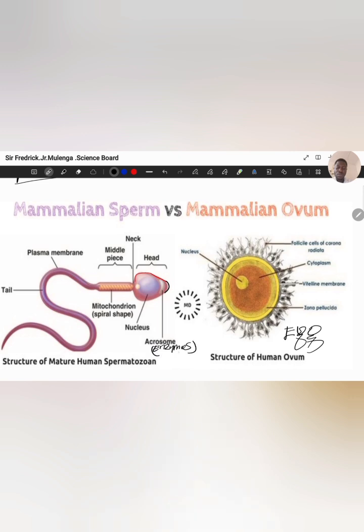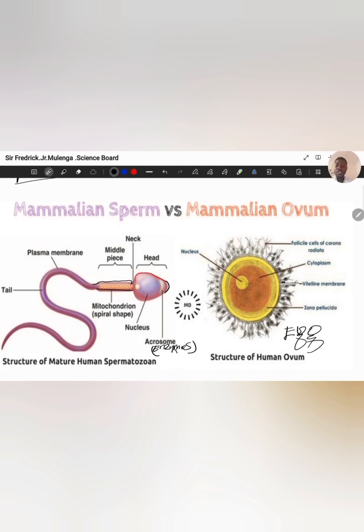As we go on, we're going to look at what this enzyme does. Again, it has the middle part, which you are seeing, which contains various mitochondria. And mitochondrion, we learned under the cell, is the site where respiration takes place.